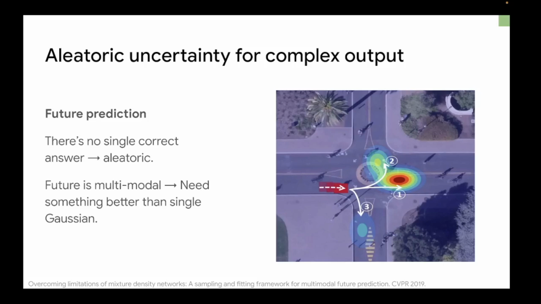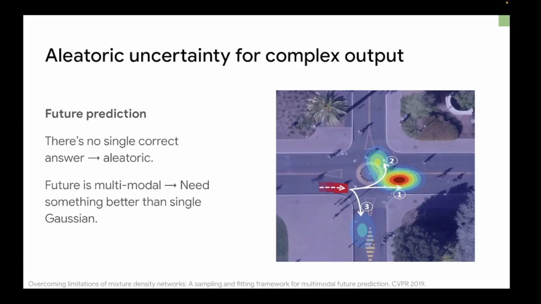What about more complex cases? Is there anything more complex than these two cases? Well, actually, continuous distribution is complex enough, but we'll also take a look at the cases where it's more extreme among the continuous distributions. Let's take a look at future prediction.